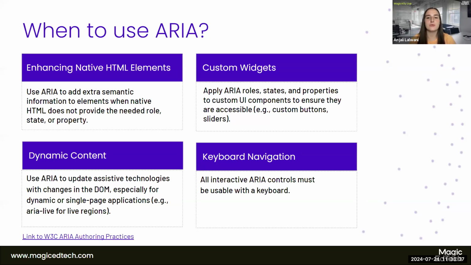Dynamic content. So use ARIA to update assistive technologies with changes in the DOM, especially for dynamic or single page applications. Examples for this are ARIA Live for live regions. And keyboard navigation. So all interactive ARIA controls must be usable with a keyboard. And at the bottom, you can see that we have a link to the W3C ARIA authoring practices if you would like more information on those.